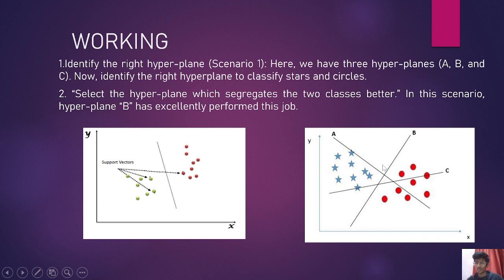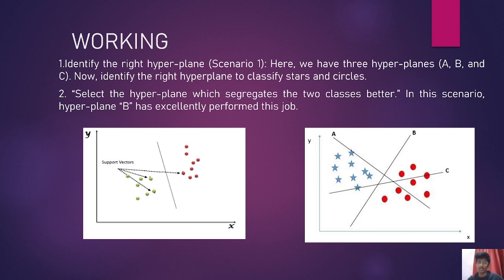If a new data point is added further toward one side, it should still be classified as a star, and if added further toward the other side, it should be classified as a circle. That's why B is considered the hyperplane.